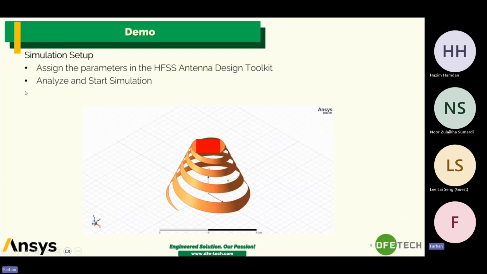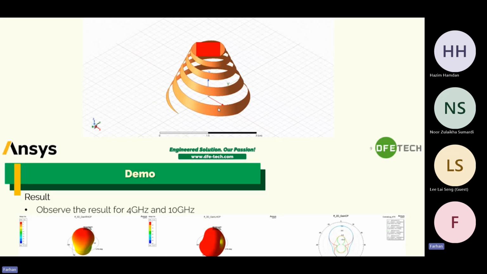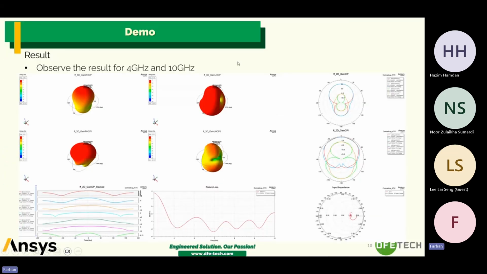So for the demo, firstly, for the simulation setup, we assign all the parameters in the antenna design toolkit. We analyze and start the simulation. And after the simulation, you can observe the results for the low and high frequency of the antenna.